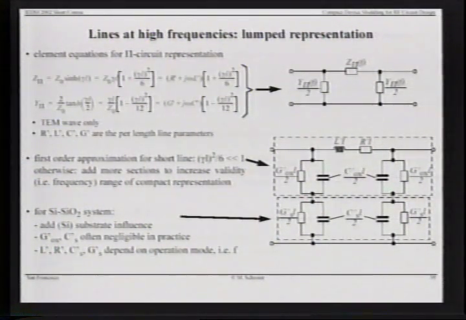Looking at lines at high frequencies, when we want to construct an equivalent circuit, we can represent a line by a pi equivalent circuit with frequency-dependent elements, conductances and impedance.